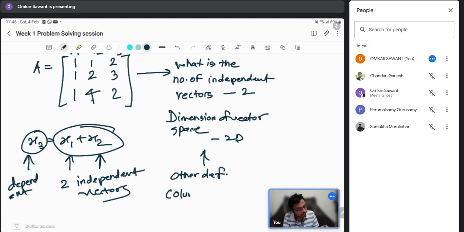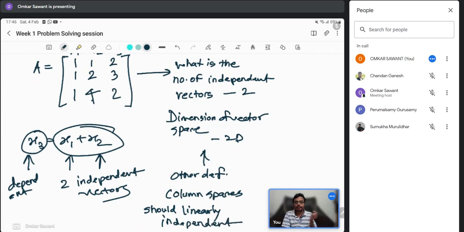Column spaces, all column spaces should be linearly independent, right? Right. Yes, sir.